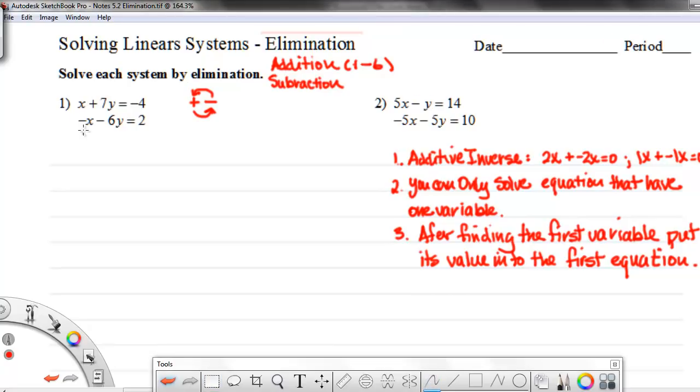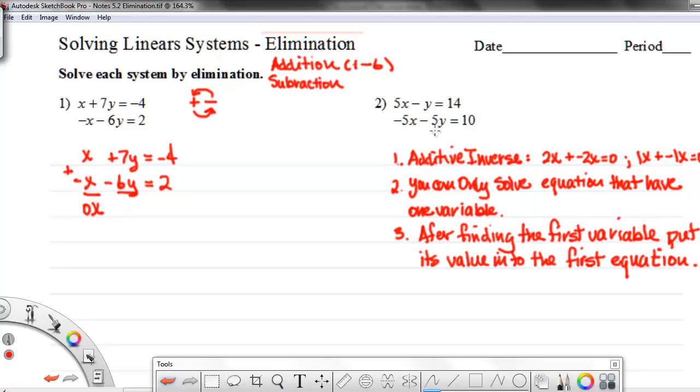We can see the additive inverse in play. So I have x minus x. We have 7y equals a negative 4, and negative 6y equals 2. The additive inverse is already there, so I don't have to do anything. We'll add them together. That goes to 0, so the x's drop out.